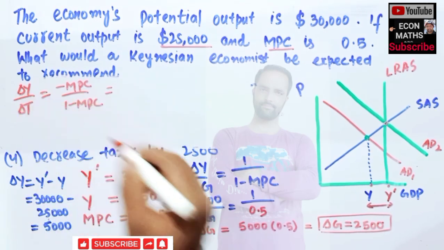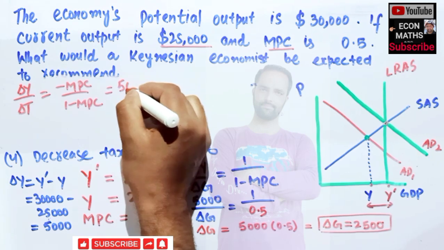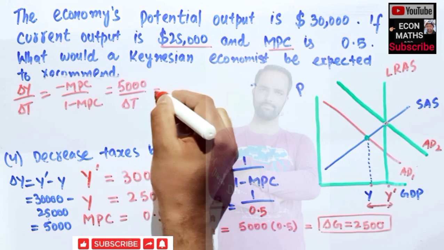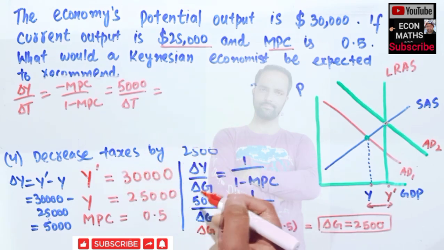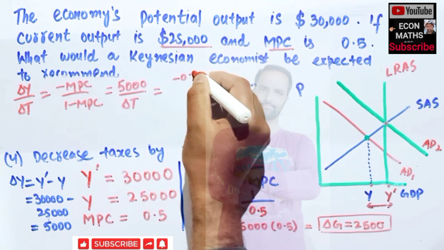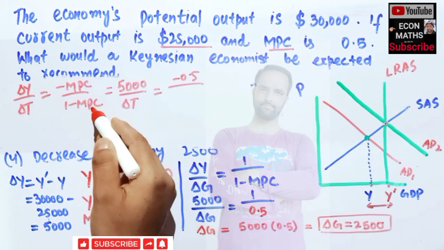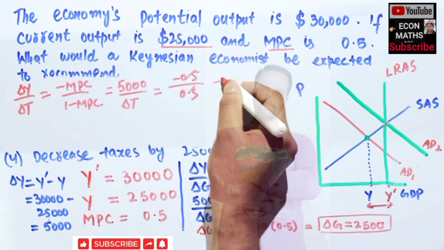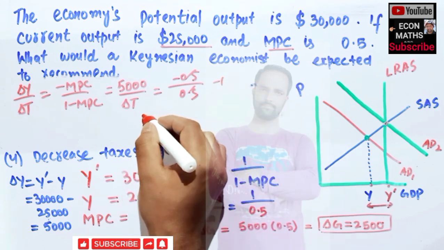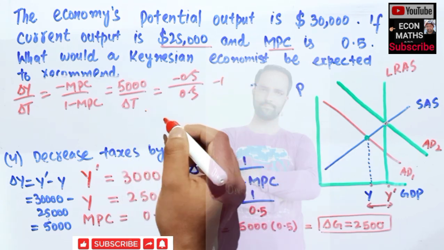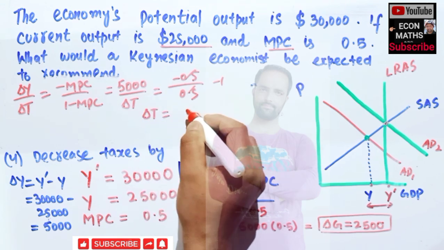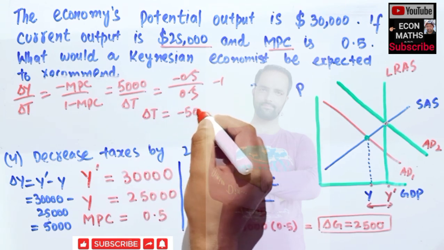Change in output is $5,000 upon change in tax, which we need to find, equal to minus 0.5 upon 1 minus 0.5, which is 0.5, so this comes out to be minus 1. That means change in taxes should be equal to minus $5,000.